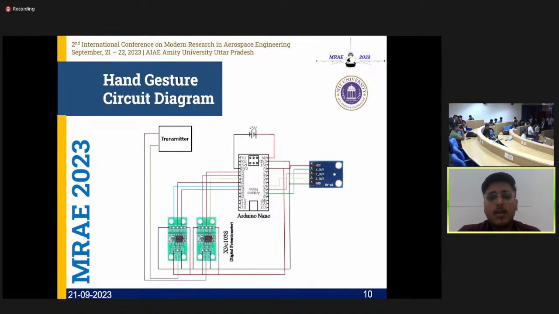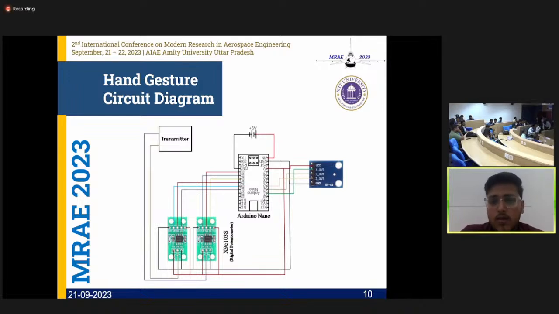So this is the main part of our project, where we have used the accelerometer, that is ADXL 335, connected to the Arduino Nano to process the data of the angles that we are getting, and then connected to a digital potentiometer.